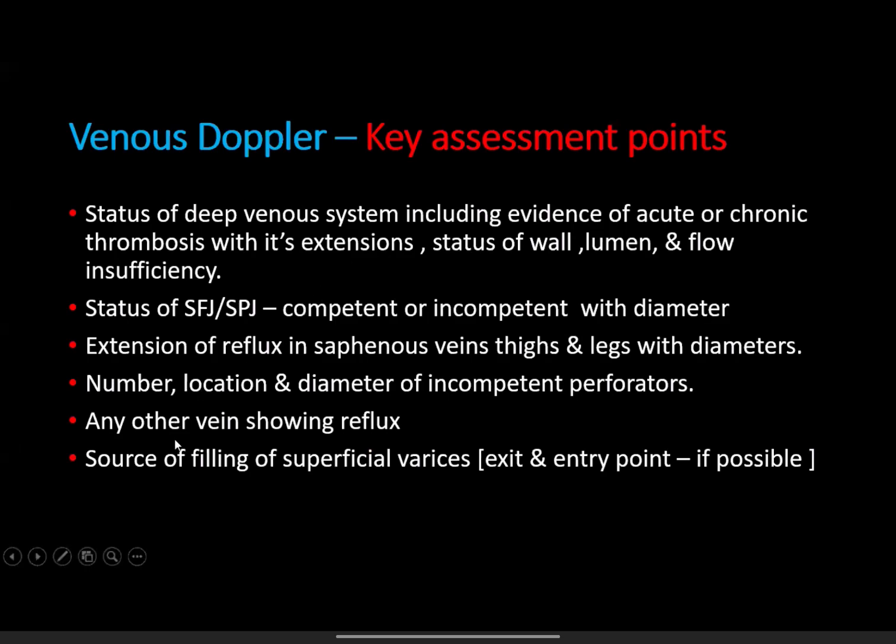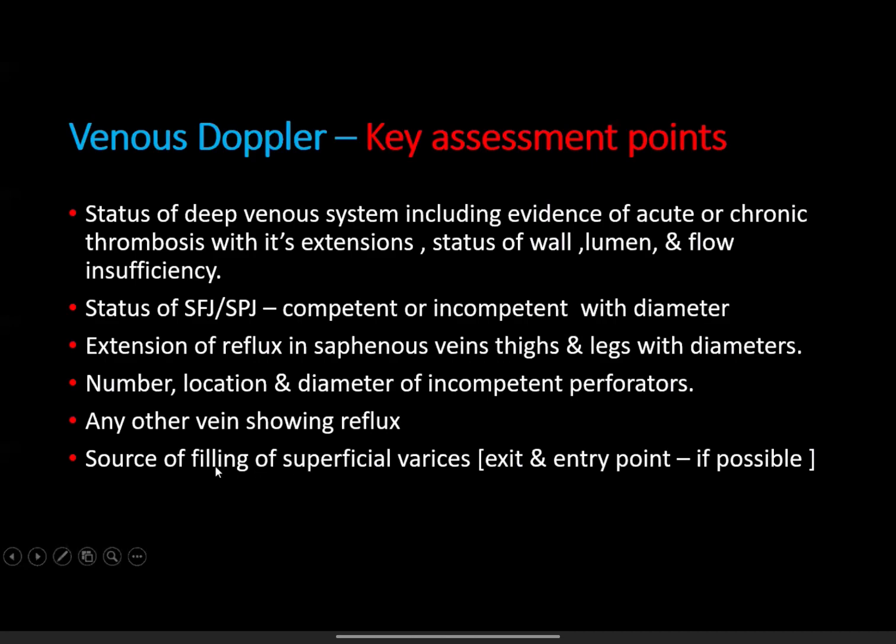And if possible, we must see the proximal and distal points, the entry and exit points of the insufficiency. We try to search which segment is involved and which is the exit point from where the insufficiency has begun, and where the entry point to the deep vein is, where the vein is ending, and in between the varicosity is present.